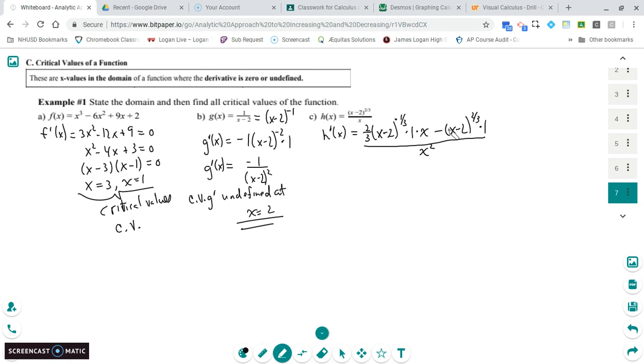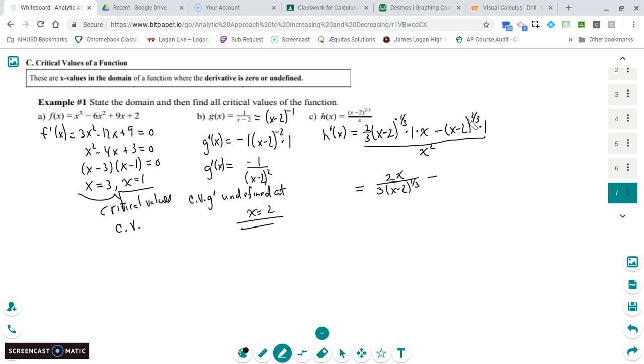All right, so how am I going to simplify this? This will be a complex fraction, right? So let me simplify this a little bit. So I have 2 over 3 times x minus 2 to the 1/3. 2x. So I need an x up here. So it's just simplifying this term a bit.